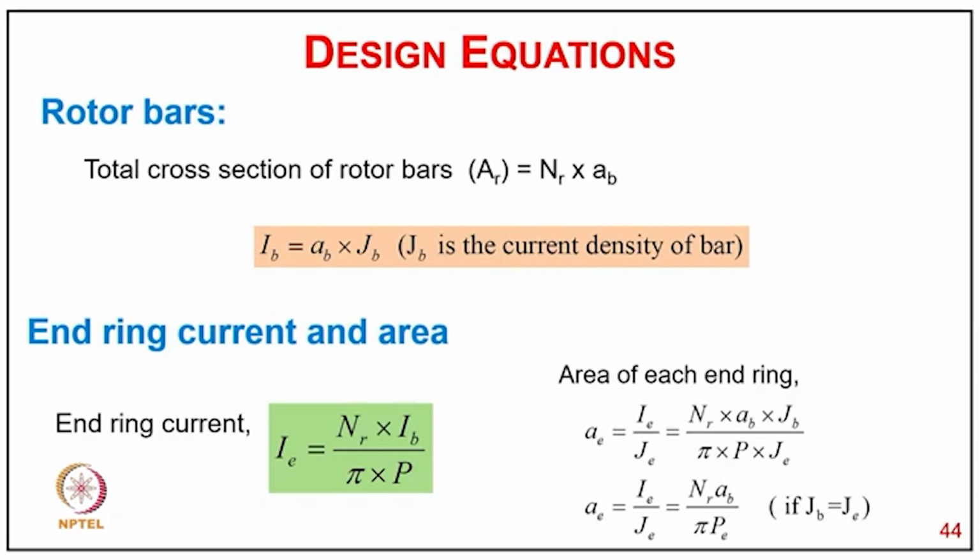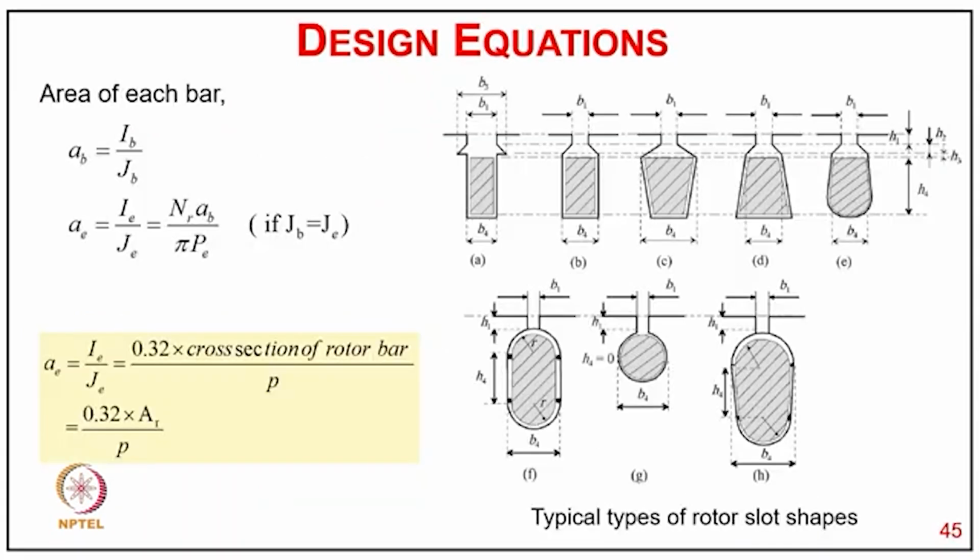You can call it AB equal to IB upon JB, and A equal to I upon JE, that's NR AB upon pi P. Considering that JB you can take equal to JE because we are using the same material, and normally the cooling effect is also the same. So A can be 0.32 into the cross section of rotor bar divided by P, or 0.32 AR upon P.